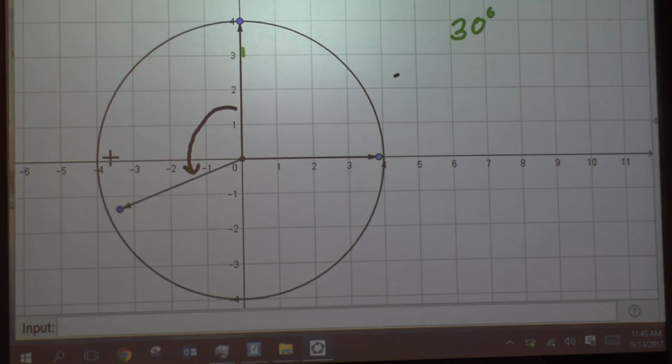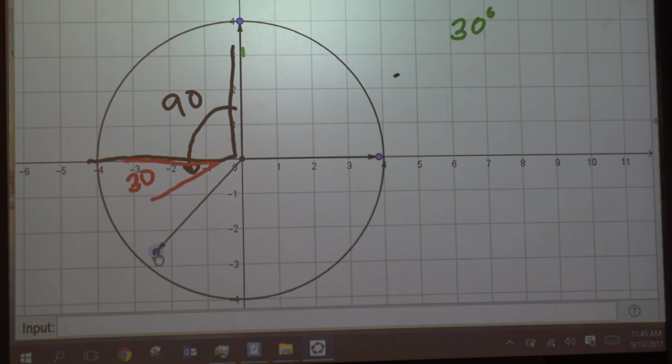So this here would have been how many degrees? 90. And this one here is how many degrees? 30. So collectively from 8 to 12 on the clock, we'd have 120 degrees. And then if they said 7 o'clock, basically you add another 30 to that, right?